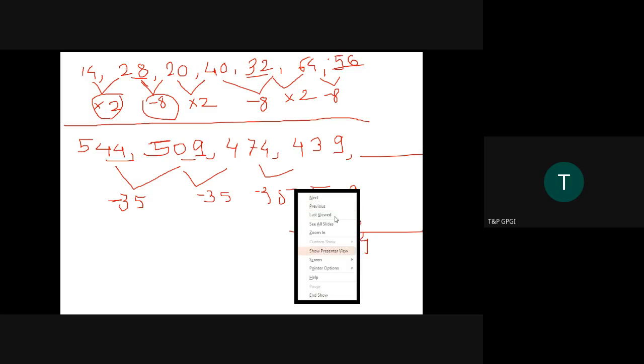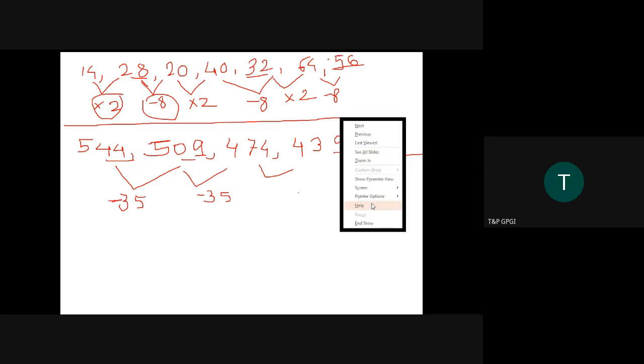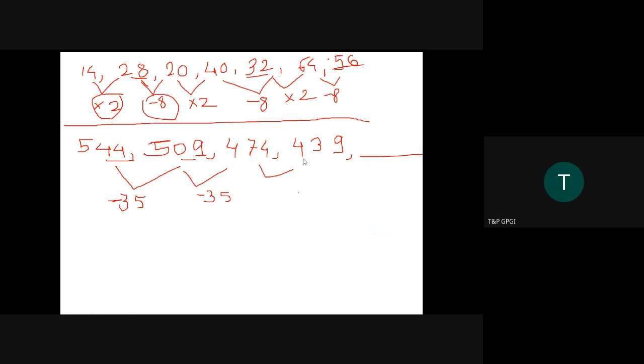And similarly 439 minus 35, 404 will be the answer then. Okay, तो यहाँ पर भी -35 फॉलो हो रहा है मतलब, and so the final answer will be 404. Okay, so 404 is the correct answer over here.